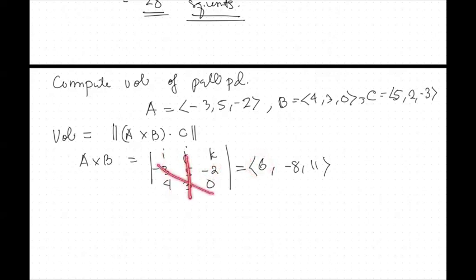Here, cross this out: 0 minus 4, so positive 8, but the j is negative, so you get negative 8. And then cross this out, you get positive 9.